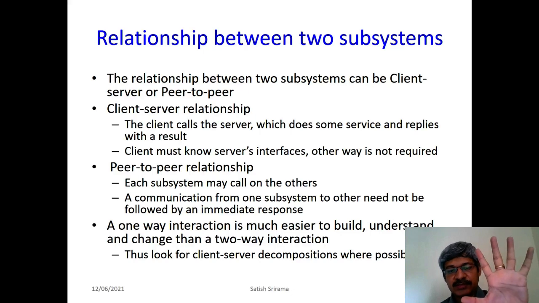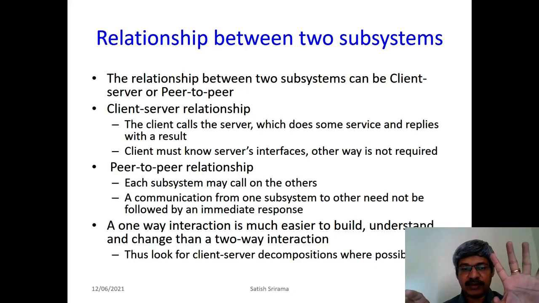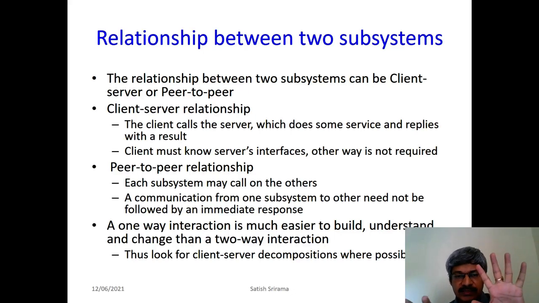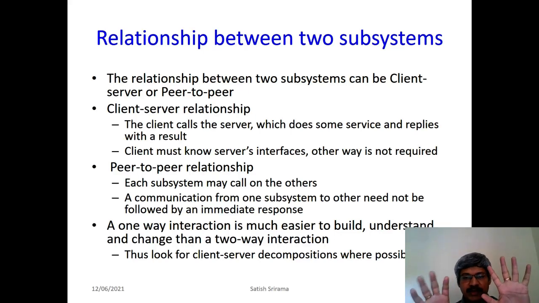The client must know the server's interface, but the server does not need to know about the client subsystem's implementation. That's how these two subsystems interact in a client-server approach.